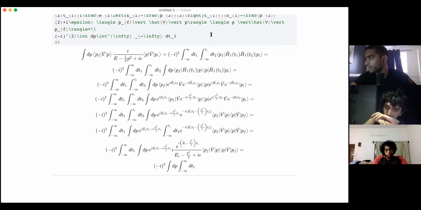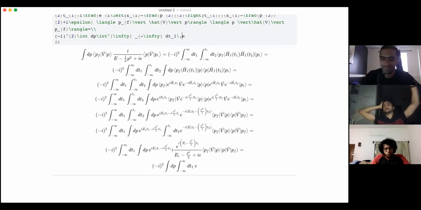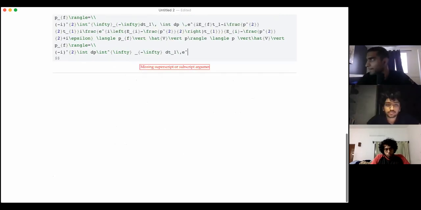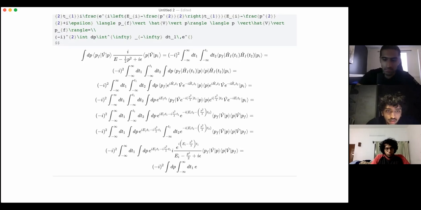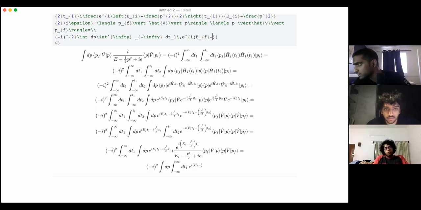And now we have an x. Let's just separate out the exponential parts. And we know where to put the rational function. We can put it between the V matrix elements, suggestively. So what do we have here? We have e^(i times E_f T1), E_f minus, well, let's see. Is it a minus? Yeah.